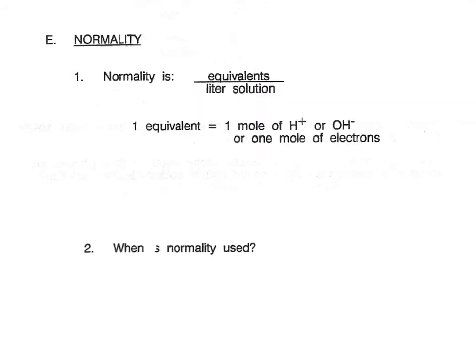And the last one we'll discuss is called normality. Normality is abbreviated with a capital N, and normality is defined as the number of equivalents of a solute per liter of solution. In this case, the 3 solutes that we use are specifically the hydrogen ion, the hydroxide ion, or electrons.